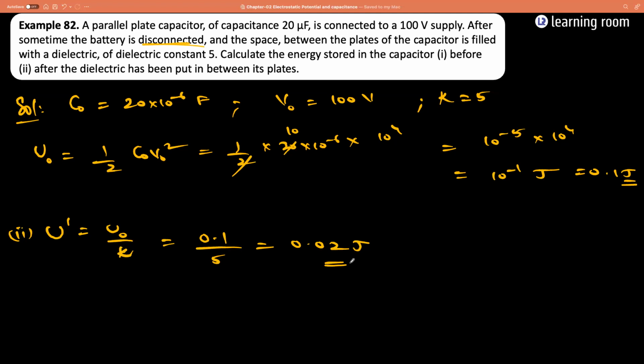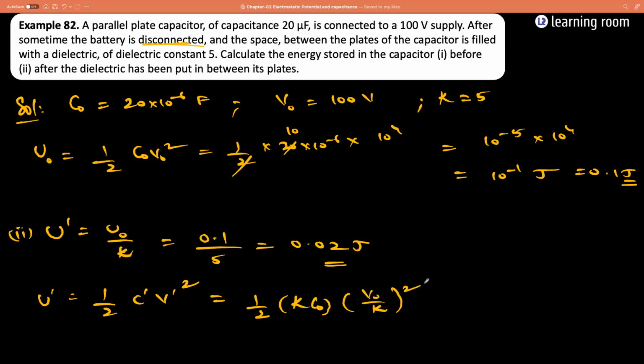It's actually a simple problem. Sir, can you do the second one using C naught, V naught square? So U dash is equal to half C dash V dash square. What is C dash? Kappa times C naught. And V dash? V naught by kappa, the whole square.